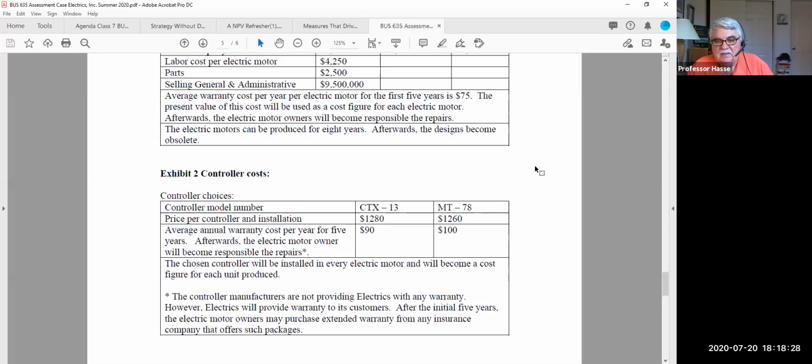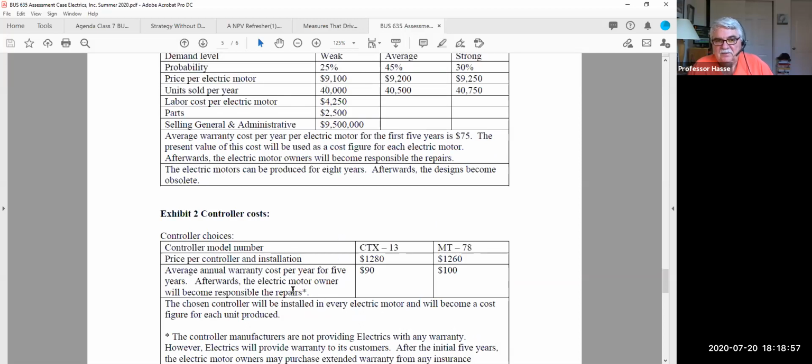Many of you did in your 500D class probably a case similar to this. It's called California Best Trucks. And the only thing that's different in this case to that one is this warranty calculation and the risk analysis. So if you want to go back and take a look at those, be my guest.